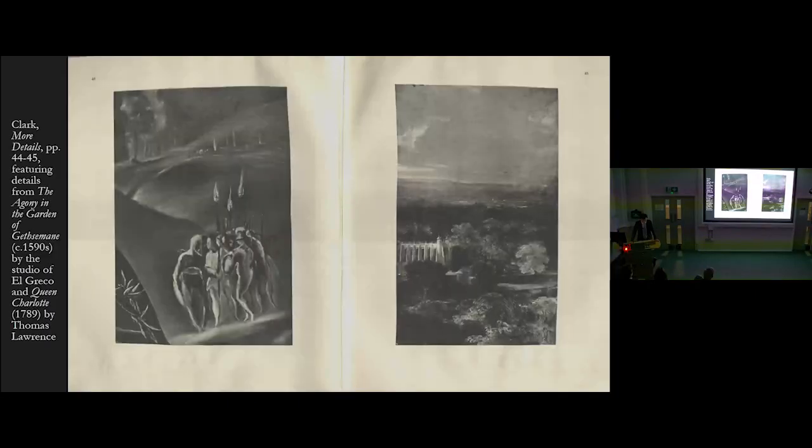One spread shows a loosely painted group of soldiers composed of white sinewy brushstrokes opposite a hazy, expressive landscape where the trees are reduced to gestural marks and a chapel emerges out of the otherwise illegible landscape. These two paintings are an El Greco studio work, The Agony in the Garden of Gethsemane, and Thomas Lawrence's portrait of Queen Charlotte.